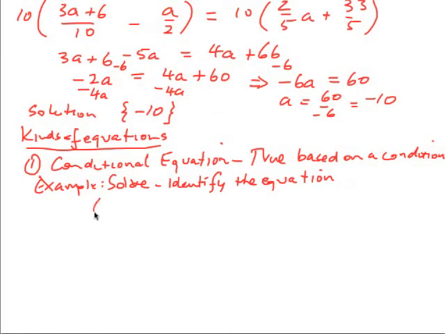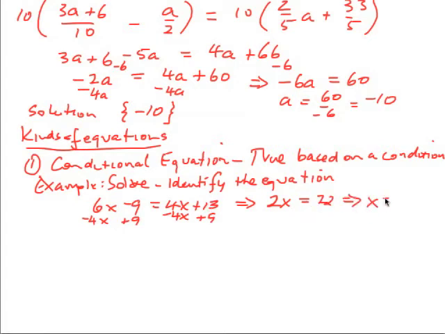Let's suppose we have 6x minus 9 equals 4x plus 13. Well, this would imply, if I subtract 4x from both sides and add 9 to both sides, that 2x is equal to 13 plus 9, which is 22, which implies that x is equal to 22 over 2, which of course is 11. And so this is conditional. In other words, it's true only if my value of x is 11.